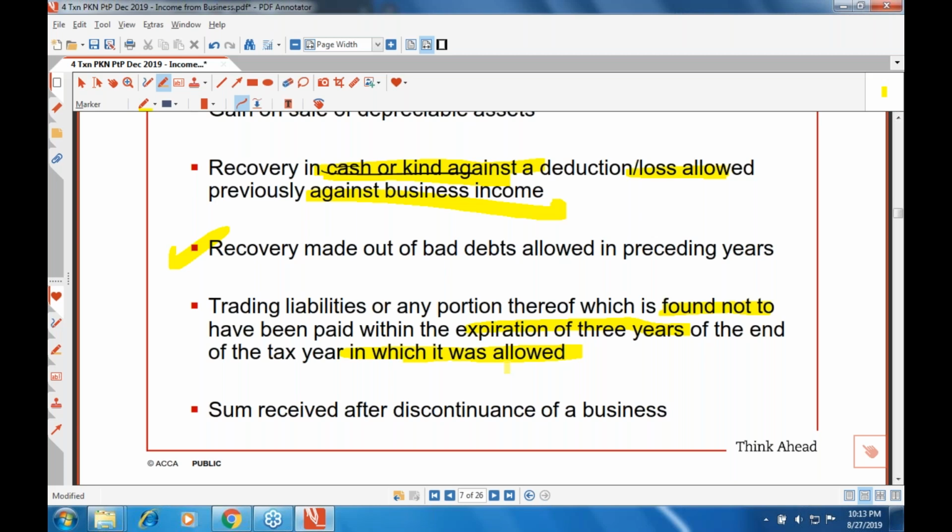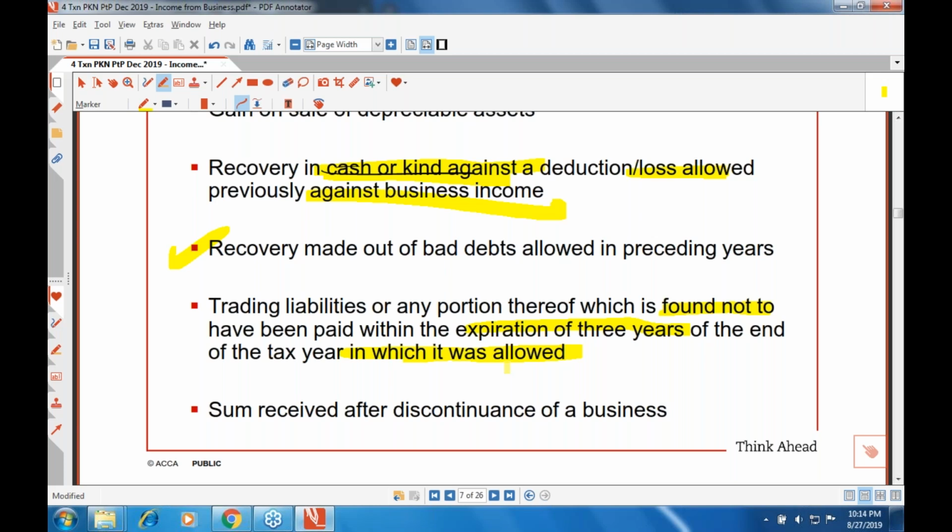Now, for example, you are following the accrual basis of accounting, and while following it, you claim an expense in a tax year. When you claim an expense during a tax year, and you have not paid that amount in the next 3 years also, you claimed the expense in the current year but did not make payment.